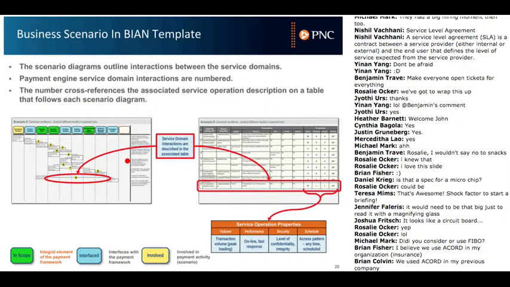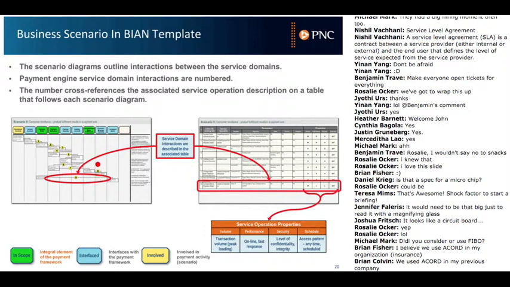So here's a template where we took each of those domains, and what we did is we lined them up in essence as a sequence diagram that just said, here are the steps that we have for a particular business scenario. And we kind of described those, and you see it jump back and forth between those domains because the function that's being described is one that domain is accountable for.